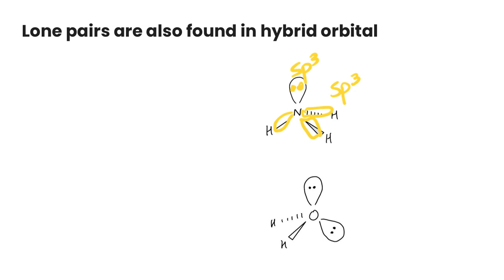With water, again, it's based on the tetrahedral shape, so it's got 2 sp3 hybrid orbitals that are creating the sigma bonds, and then 2 of the sp3 hybrid orbitals have the lone pairs of electrons sitting in them. So lone pairs of electrons also do sit within these particular orbitals here.